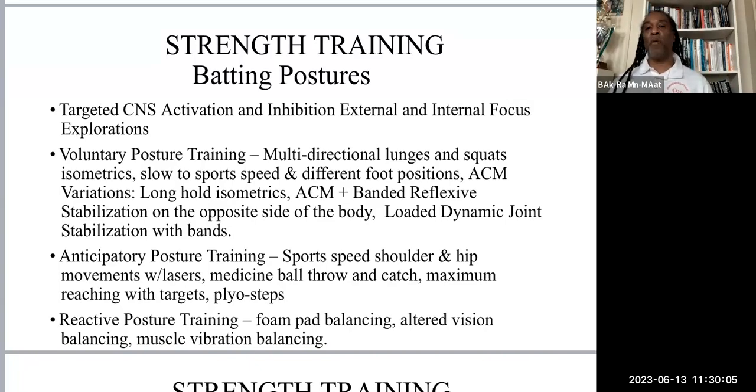Now, to reactive posture training, we'll use tools like foam pad balancing, as you're standing on one leg, balancing and doing different actions with the non-stance leg or arms or reaching and so on. Altered vision balancing.